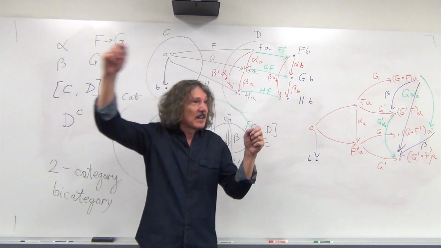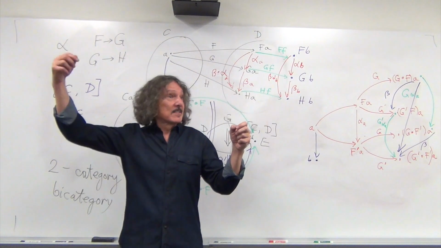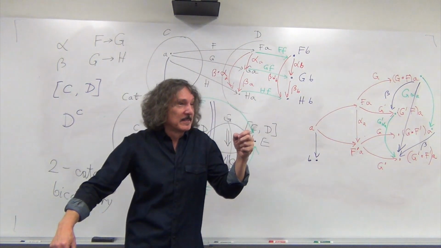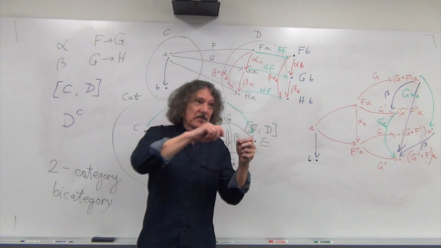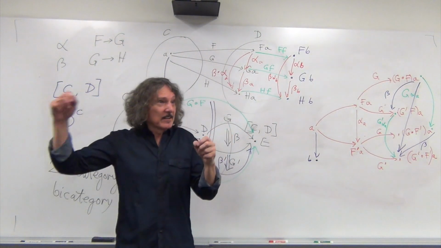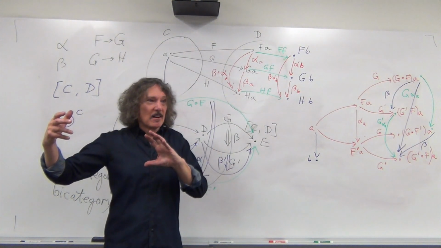You are chasing a diagram this way and then you have to chase it through this associator, for instance, right? So now you have to have laws for these associators and for these identifiers, right? So these are coherence laws.